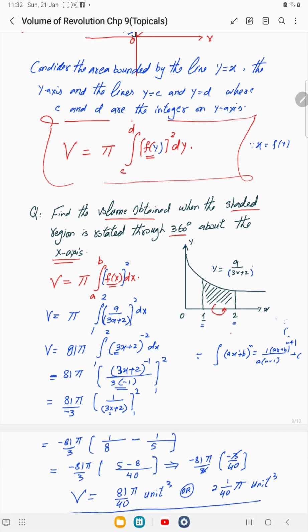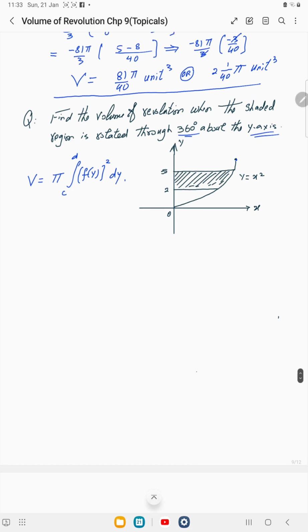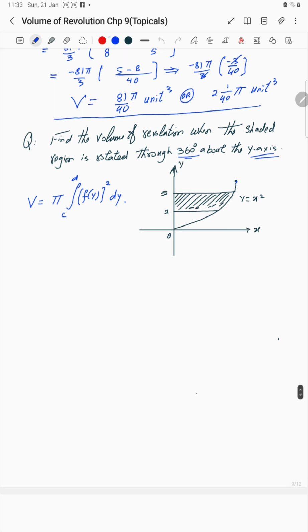I told you, because the rotation takes place along the y-axis, we need to make x the subject. So sorry, guys, we are going back to this question. As it has been taken along the y-axis, the rotation is like this. So the formula is over here.